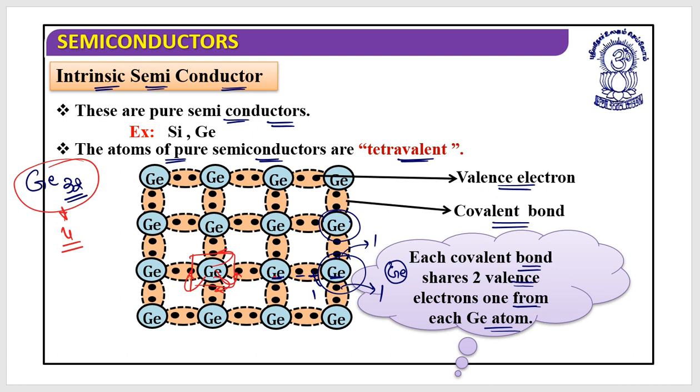Why do we use semiconductors? That is the biggest question. If you want to clear the concept, always think about why to use a semiconductor. If your answer is that we want conduction, then my question is: we have conductors in nature, and conductors can conduct a lot more than semiconductors.